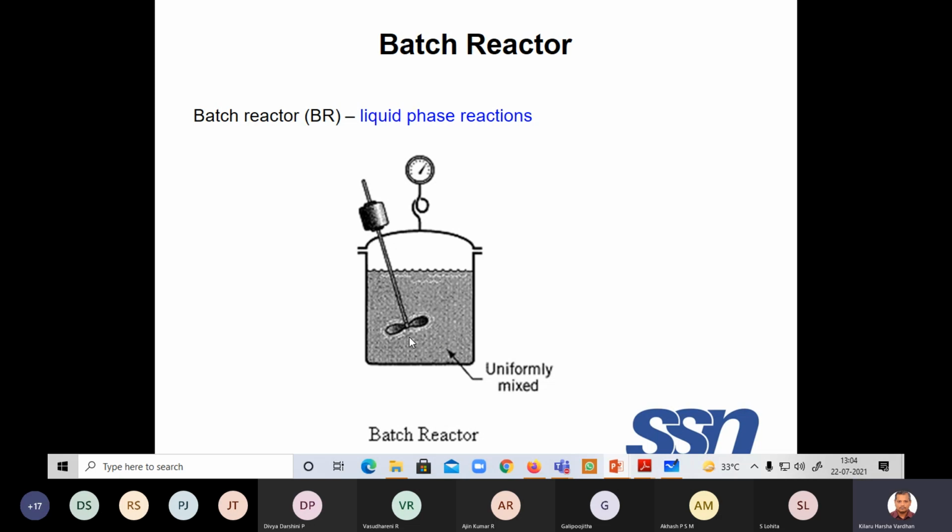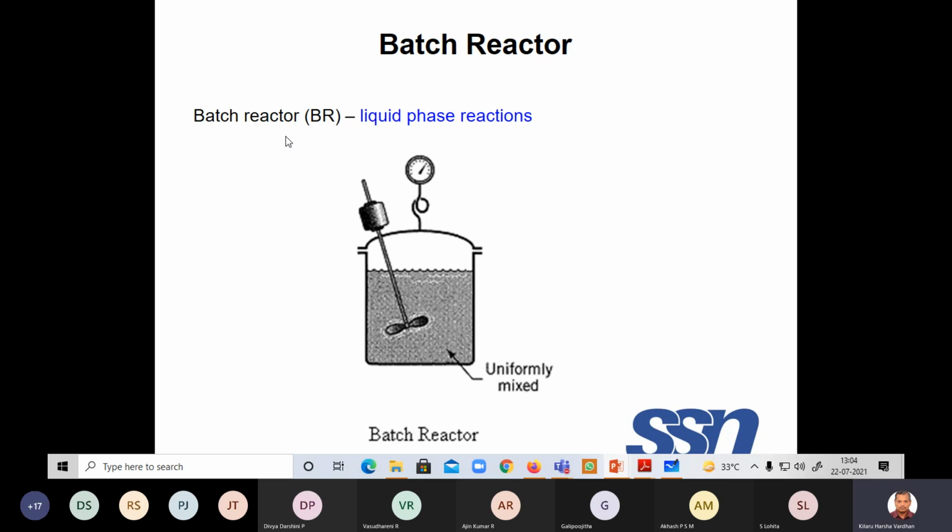You will allow some time for the reactants to react, maybe around 10 minutes, 15 minutes or even 1 hour. After that time, you will remove the products and then do separation of unreacted materials and so on.